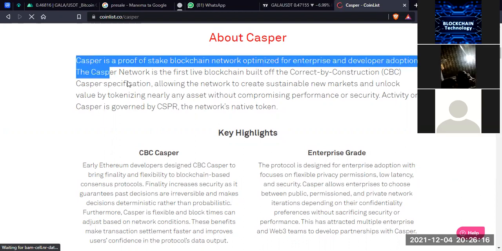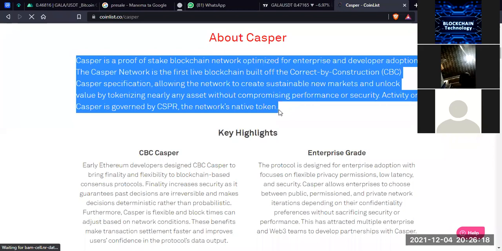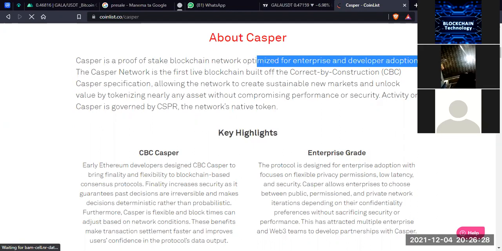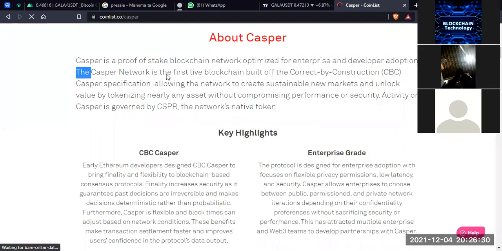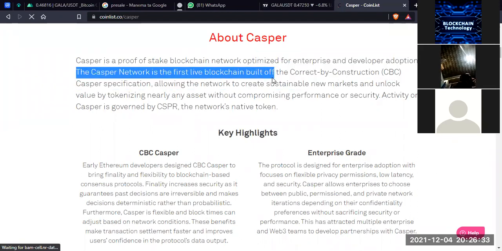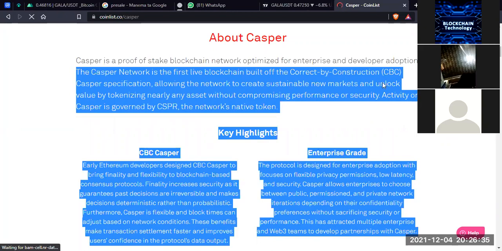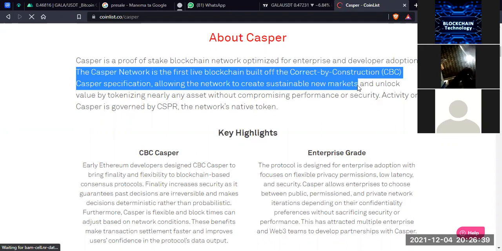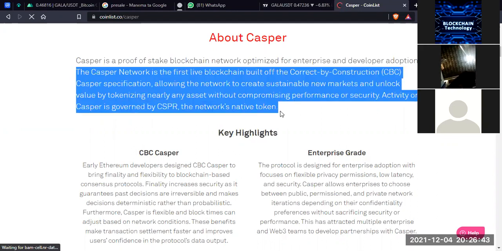They are a blockchain company. Casper is a proof of stake blockchain company optimized for enterprise and developer adoption. The Casper network is the first live blockchain built off the correct by construction Casper specification, allowing the network to create sustainable new markets and unlock value by tokenizing, and the rest.